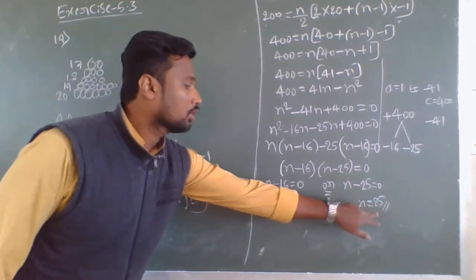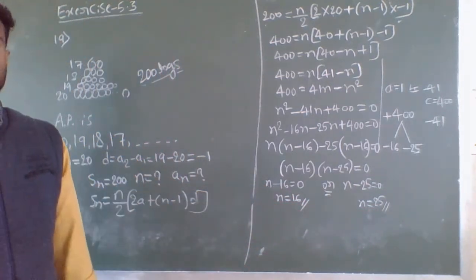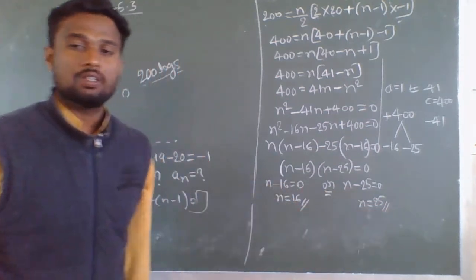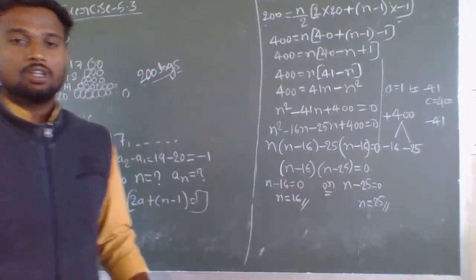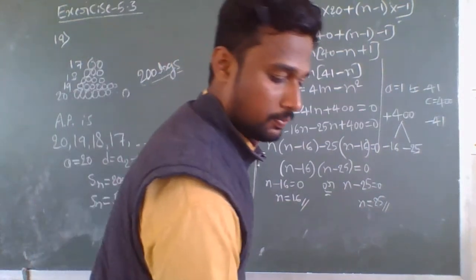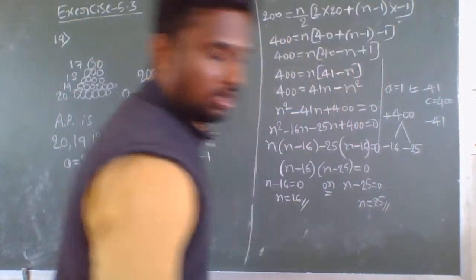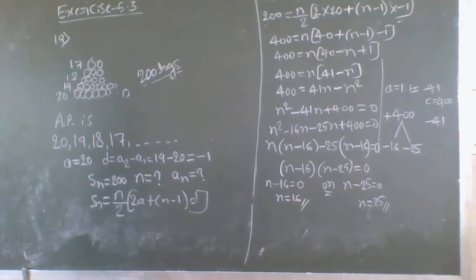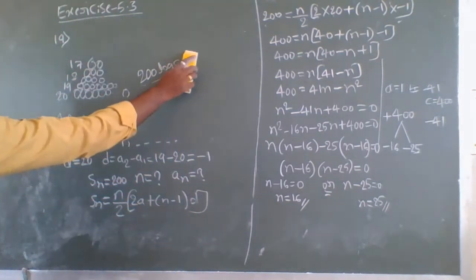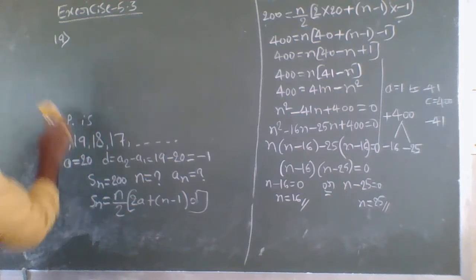Both are positive integers. So there may be 16 rows or 25 rows, 16 or 25. But now in the second question, what have they asked again? How many logs will be there in the top row? Means we should calculate the an value also.